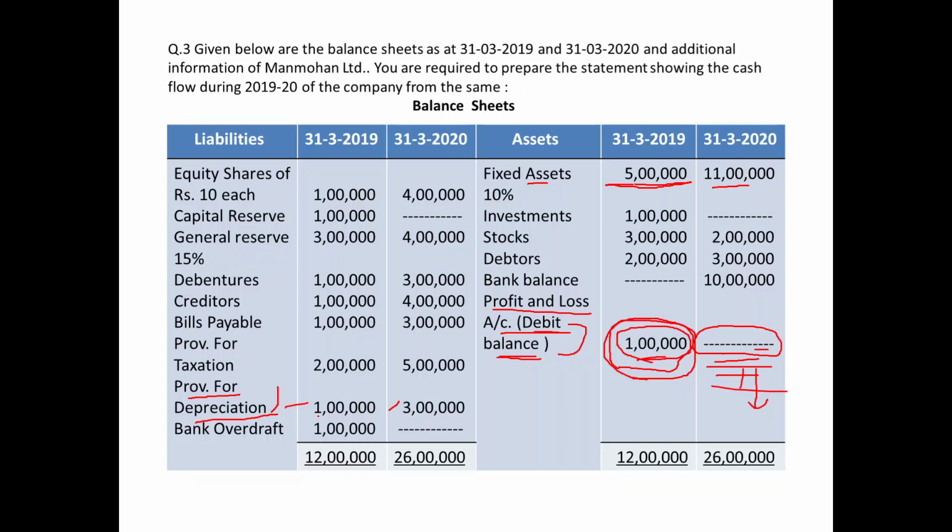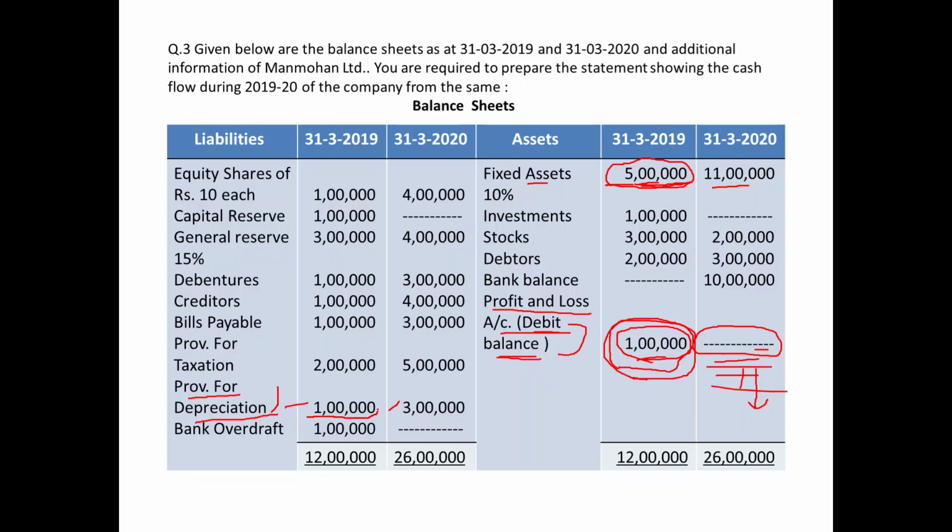So let us do it. Let us implement it. Let me draw your attention once again to the opening balance of fixed asset, because it has been sold at the beginning of the year. So this is the opening balance, beginning balance 5 lakh, and the opening balance of depreciation fund 1 lakh.